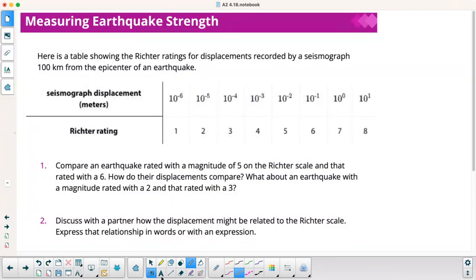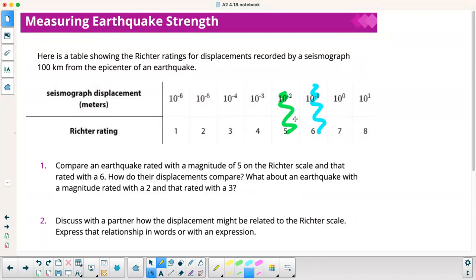Okay, so let's take a look here. So earthquake with a magnitude of 5. So that's right here. Versus an earthquake with a magnitude of 6.